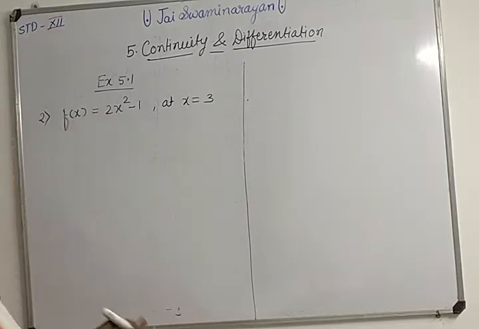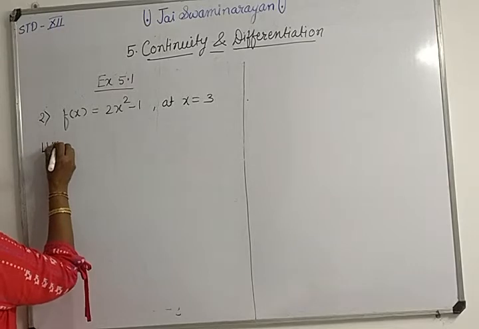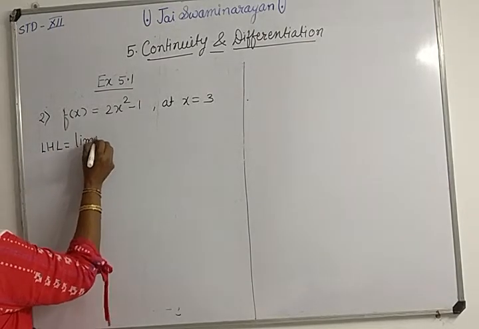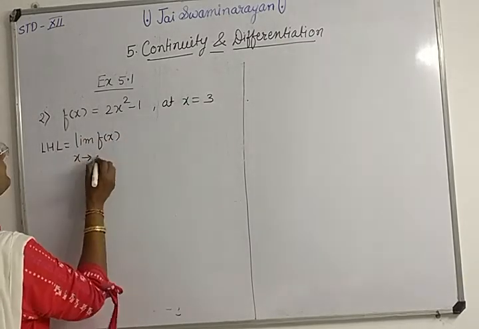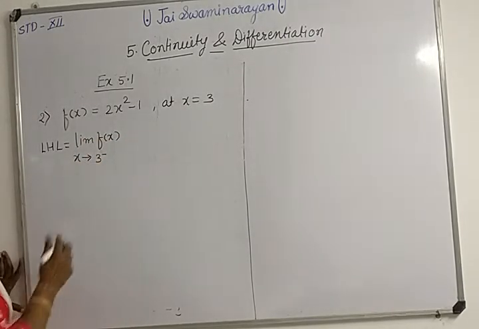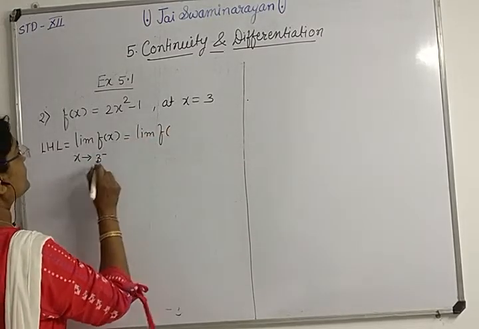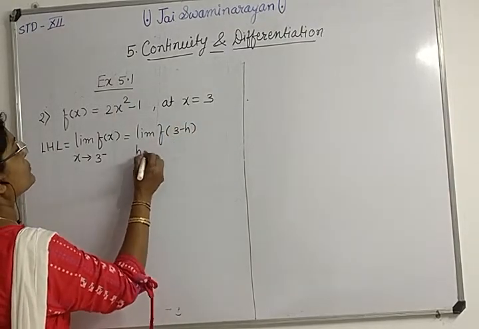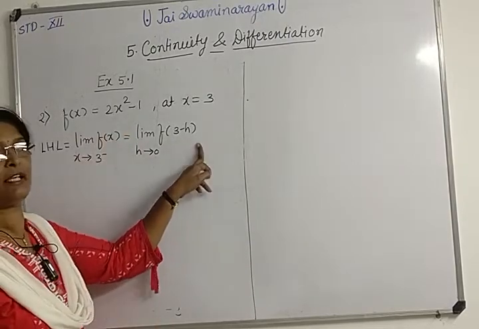Now again left hand limit equal to limit of f of x as x tends to 3 negative. This equal to limit of f of 3 minus h where h tends to 0. Means in place of x we have to write 3 minus h.